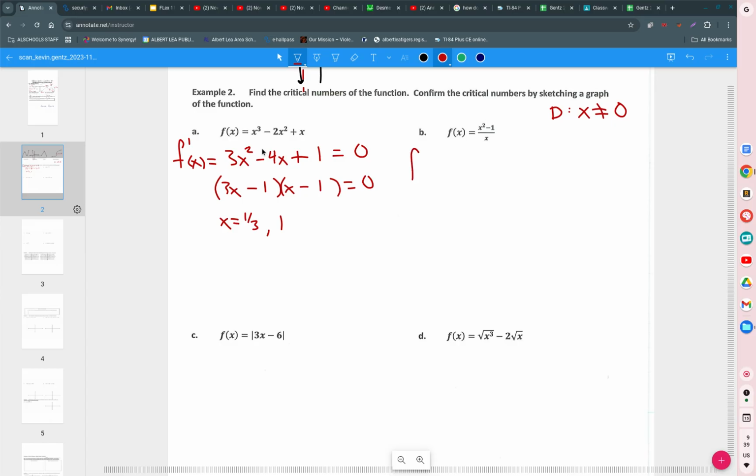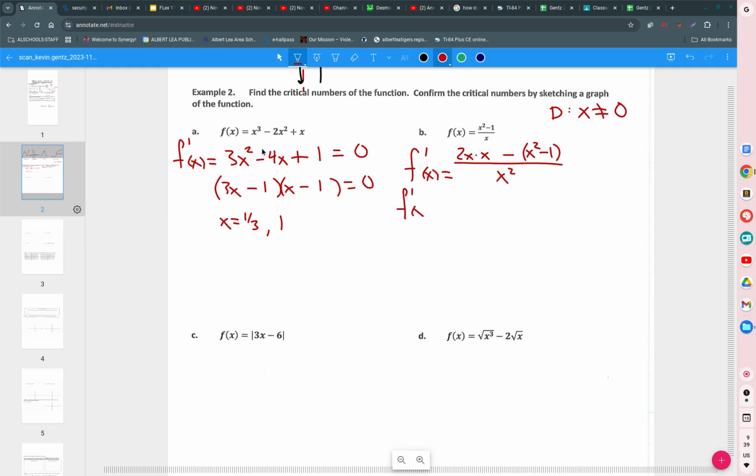So I'm going to go ahead and take that derivative. Derivative of the top is 2x times the bottom minus the derivative of the bottom, which is 1 times the top, x squared minus 1. And that all sits over x squared.